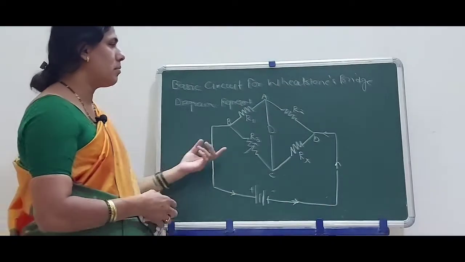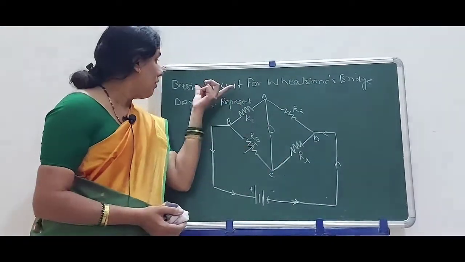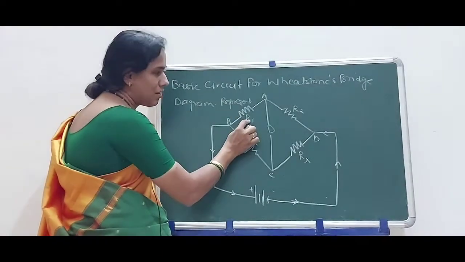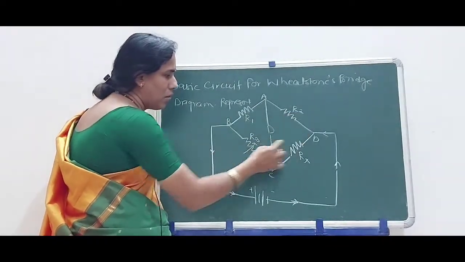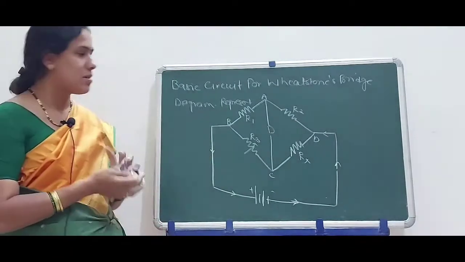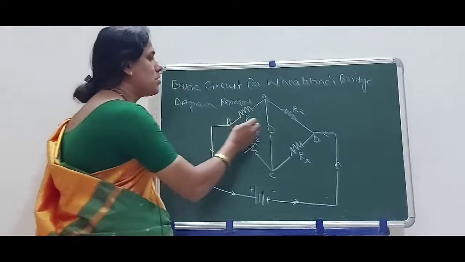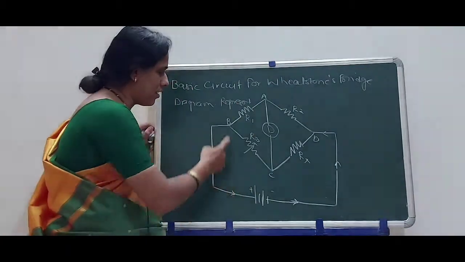Okay, this is the basic circuit for Wheatstone's bridge method, in which R1, R2 and R3 are the known resistances and Rx is the unknown resistance. This is the detector in which the galvanometer shows the null deflection.